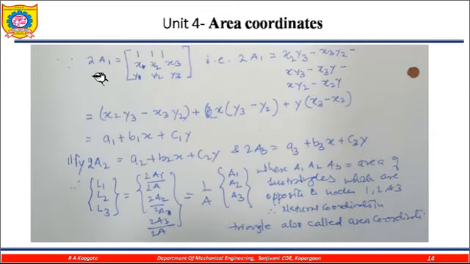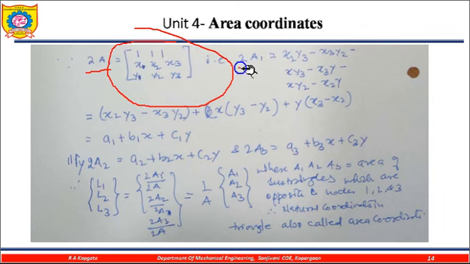But as we know, if I am interested to find out 2a1, then 2a1 is equal to this matrix: 1, x, y; 1, x2, y2; 1, x3, y3. Then by solving this determinant, we are getting this value: A1 plus B1x plus C1y is equal to 2a1.